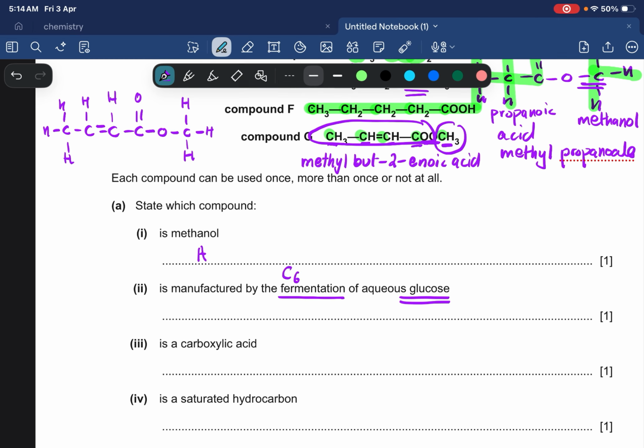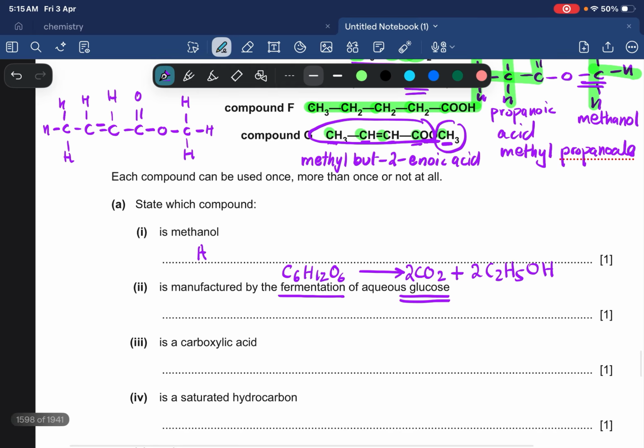Glucose is C6H12O6, and you ferment it in the absence of oxygen, and you form 2 moles of carbon dioxide plus 2 moles of C2H5OH, which is your ethanol. So ethanol was option B.